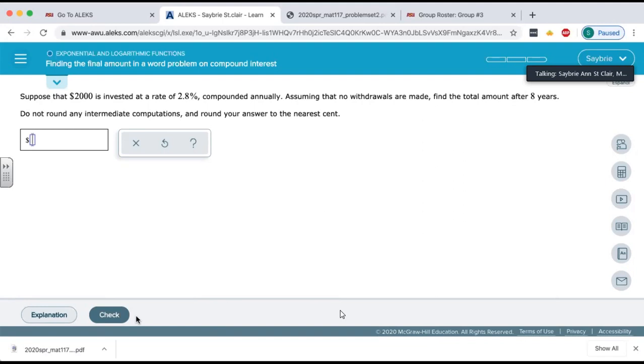So that gives me 1.2472. If I times that by 2,000, I get 2,494.45, which rounds to 2,494.